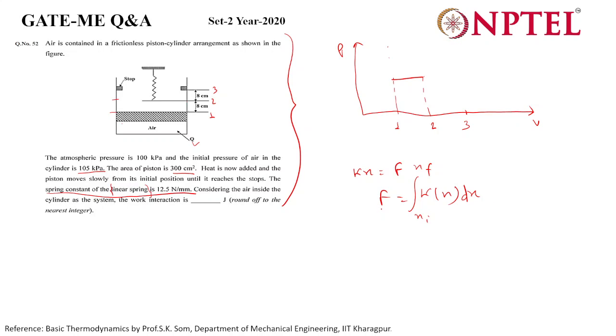From here we will be getting the force, and pressure is F by A, so that would be dp, right? Then this pressure will increase, we integrate, and only then can we draw the curve. But here it is constant anyhow.